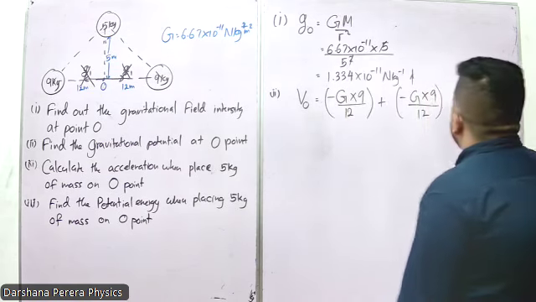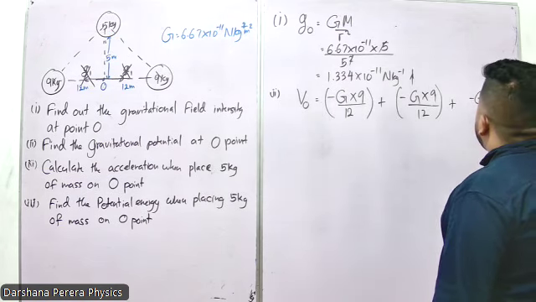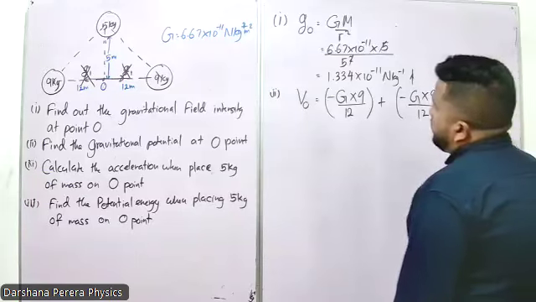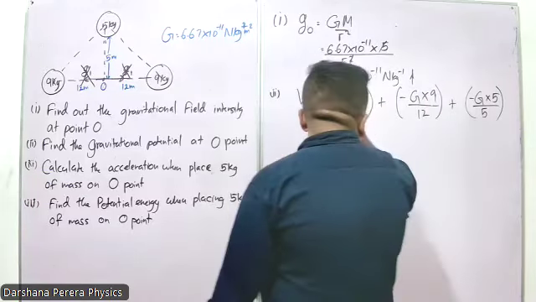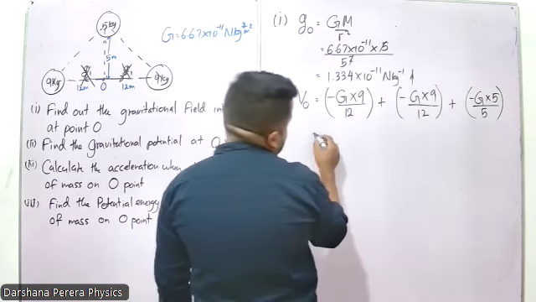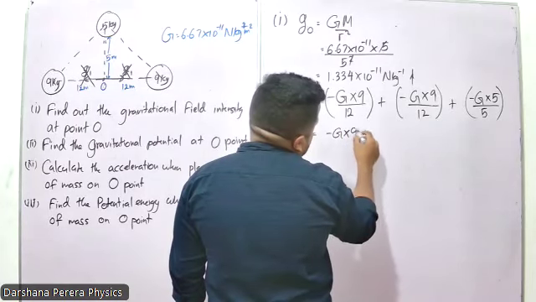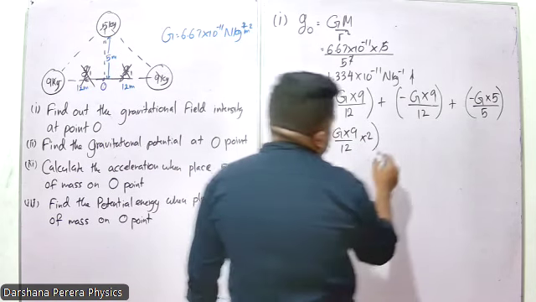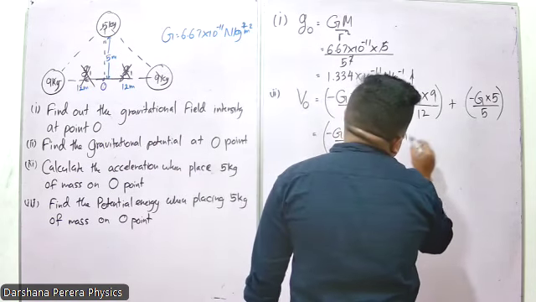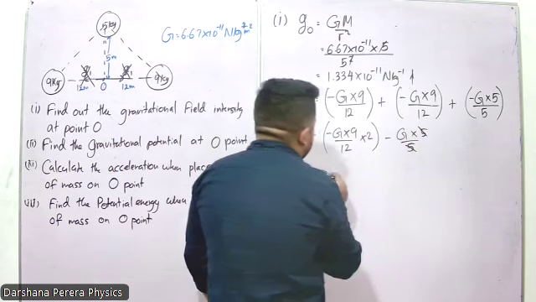Then plus G 5 kilogram over R which is 5. So we have to get that one. How can we get that? Minus G 9 over 12 into 2, minus G 5 over 5. 5 and 5 cancel out, minus G remains.